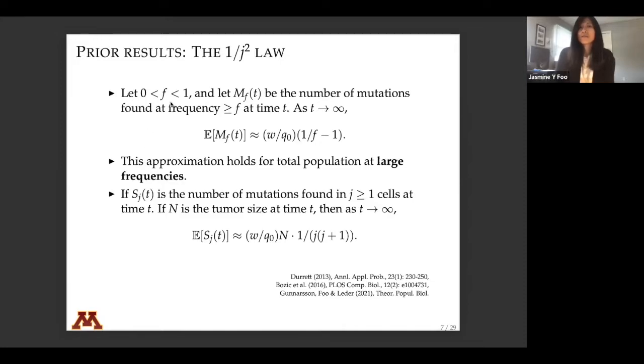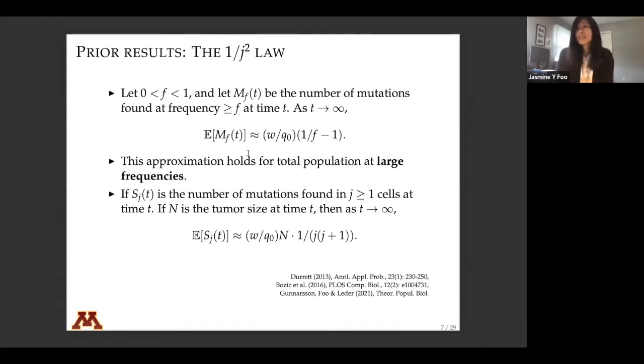If we let F be between 0 and 1, representing a frequency, and we let M sub F be the number of mutations found at a frequency greater than or equal to F at time t, then Durrett in 2013 showed that as t goes to infinity, the expected value of this quantity is approximately W over Q0 times 1 over F minus 1, where W is the average number of mutations accumulated in each daughter cell after division, and Q0 is the survival probability of the process.